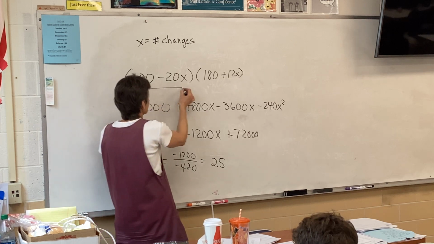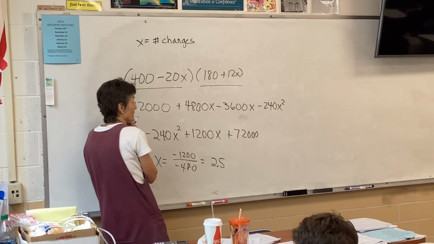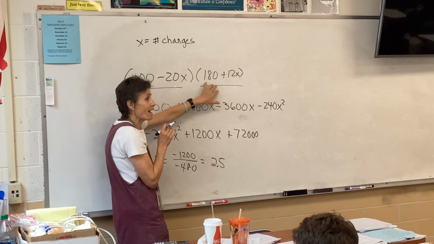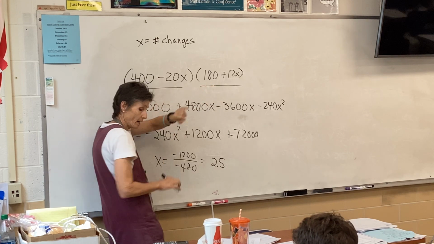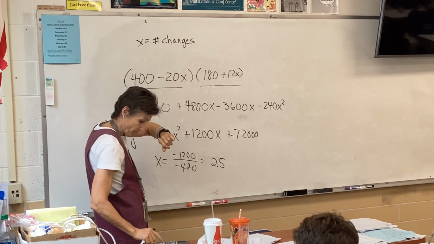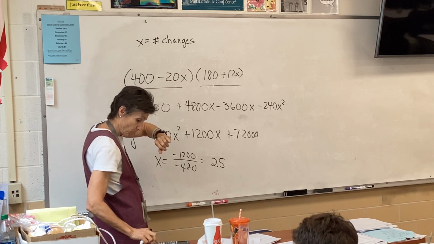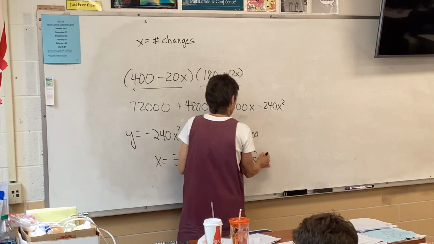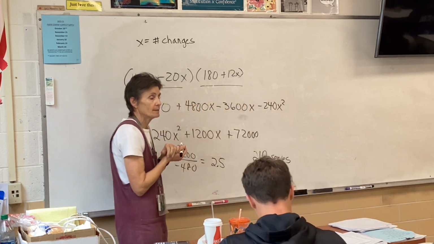So which of these two parts of the problem involve the serves? This one does, right? So if I want the maximum number of serves, I'll do 180 plus 12 times 2.5. So what is the maximum number of serves? 210.